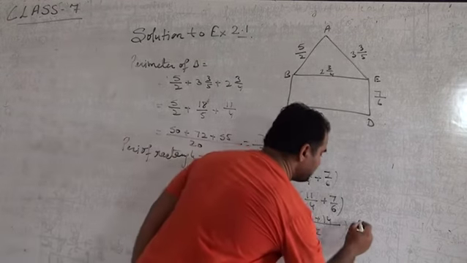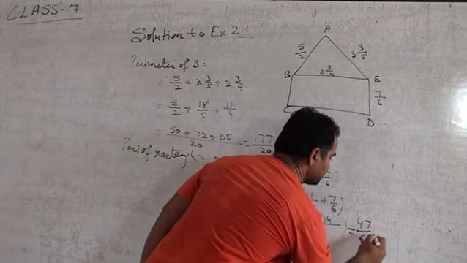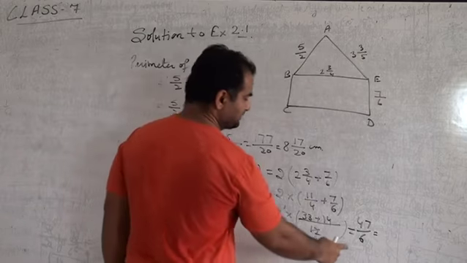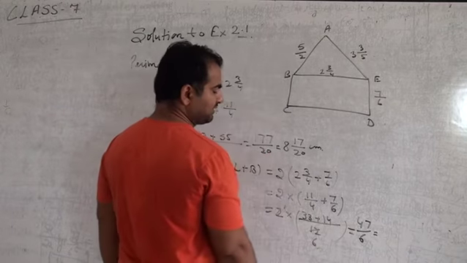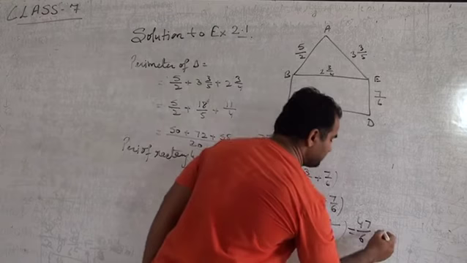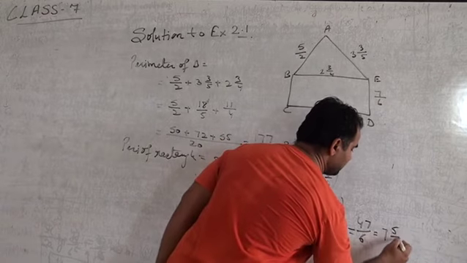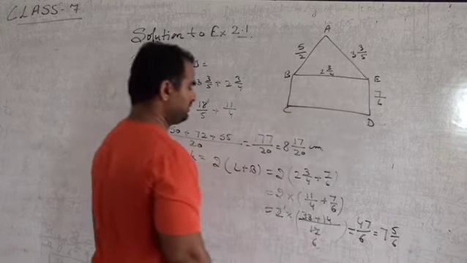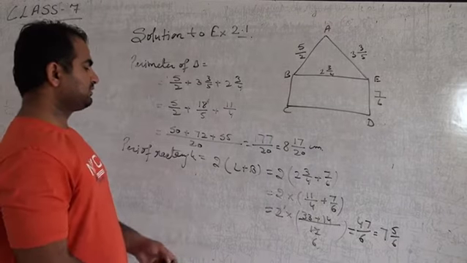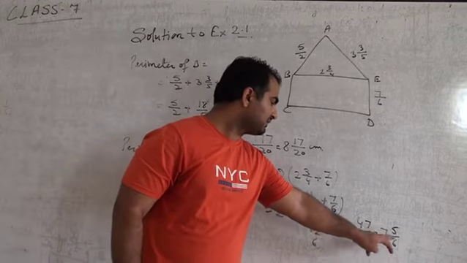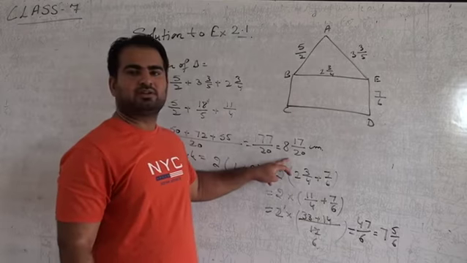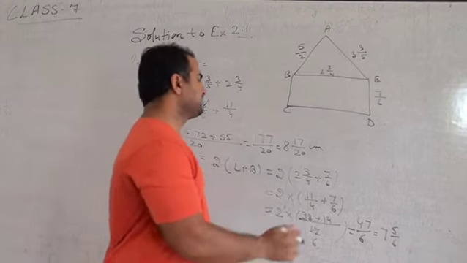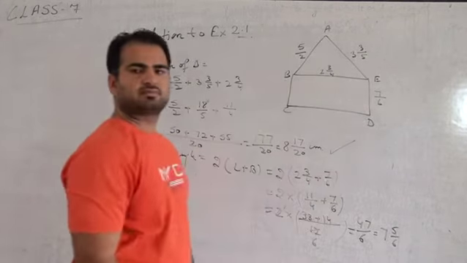It will be 47 by 6, or we can say 6 7s are 42, so it will be 7 5 by 6. Done. It is our final answer. So we can say that 7 5 by 6 is less than 8 17 by 20. The perimeter of the triangle is greater.